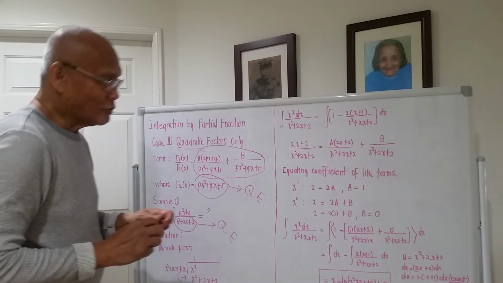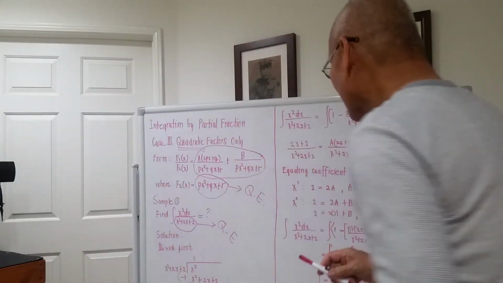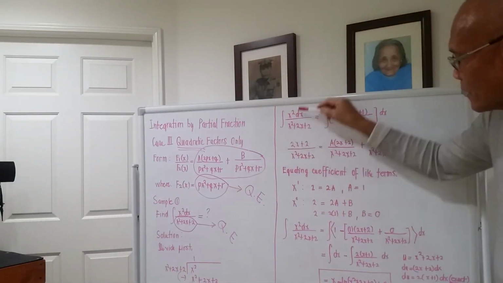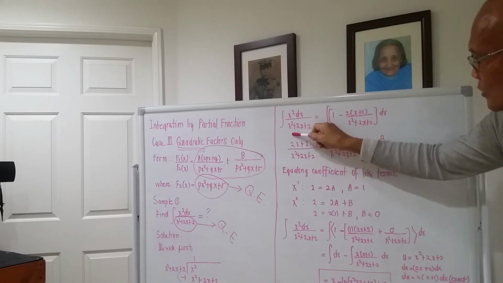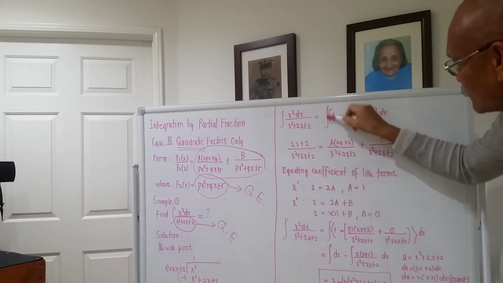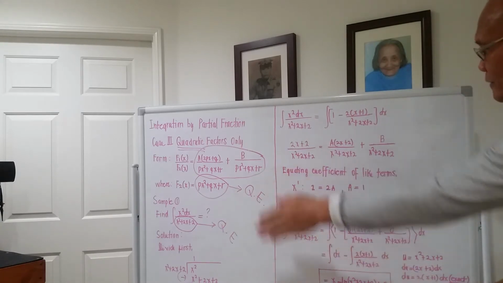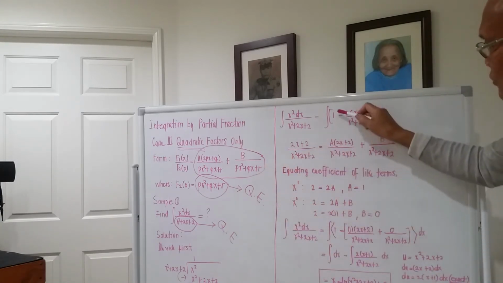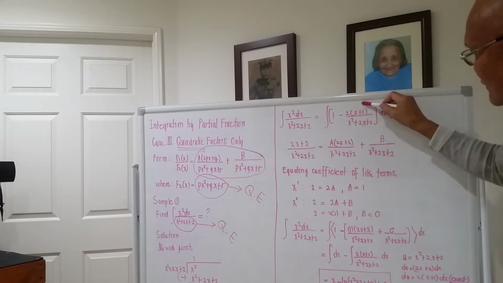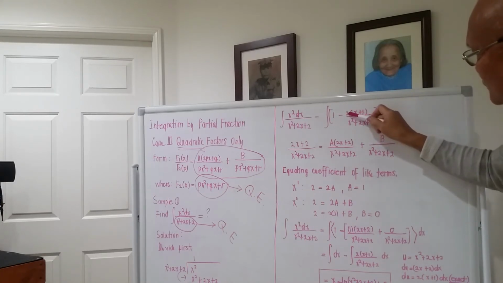So actually, we could rewrite the given problem, the integral of x squared dx over x squared plus 2x plus 2, equal to the integral, open bracket, from our long division, the first quotient is 1, right? And this is the remainder. I just factor out to here.